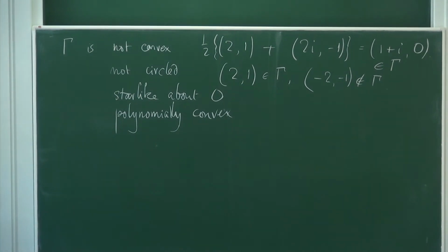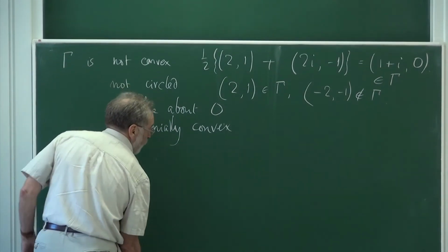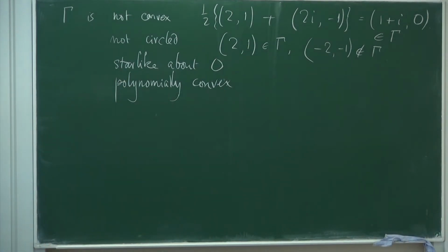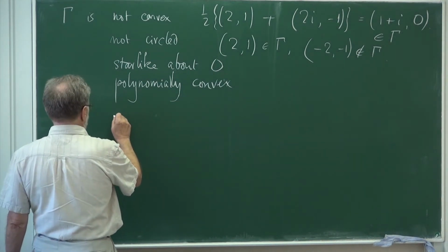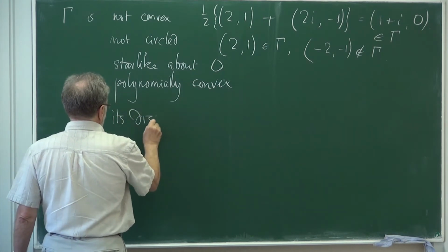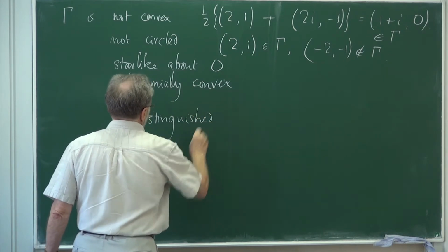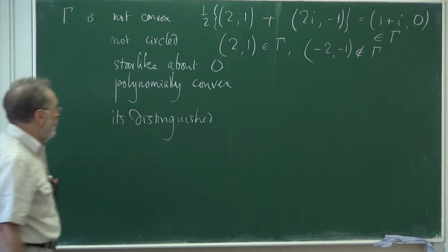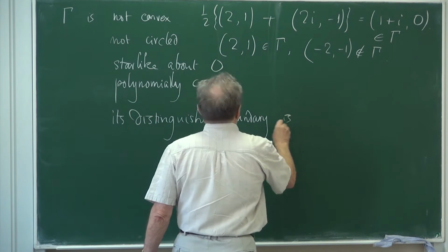And another interesting property that it has, which is of some significance in what I'm going to talk about, is that its distinguished boundary has some non-trivial topology. So the distinguished boundary, or if you like, the Shilov boundary of the algebra of functions which are continuous on gamma and analytic in the interior, is what you would think.